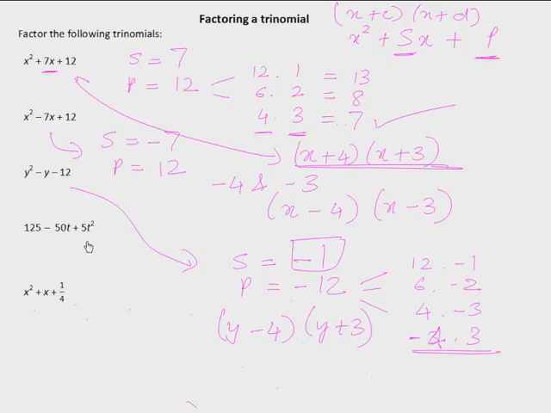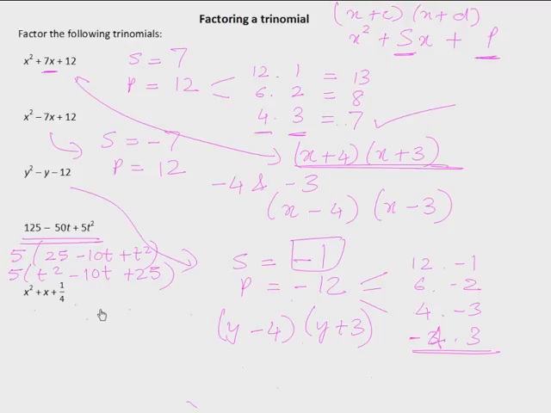How about this one? Well, firstly, there's 5 common. Let me pull it out. So it gives me 5 into 25 minus 10t plus t squared. Let me write that as 5 into t squared minus 10t plus 25. I like to write it with higher powers on the left. Now I can do sum and product.